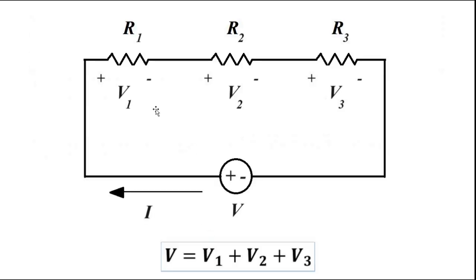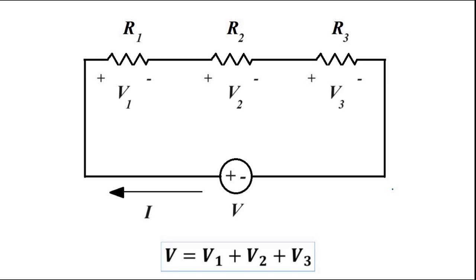So here if we take this closed path consisting of resistors R1, R2, R3 connected across a voltage V, with a current I flowing through it, the KVL can be expressed as V is equal to V1 plus V2 plus V3, or V minus V1 minus V2 minus V3 is equal to 0, where V1, V2 and V3 are the voltage drops across R1, R2 and R3.